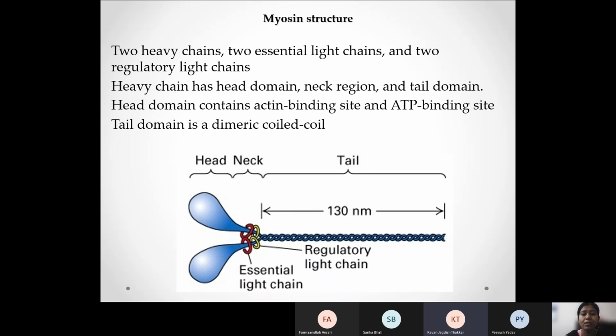As the name suggests, the essential light chain is very much required to maintain the conformation of the head with respect to the tail. So it's essential for this structure to come together. Whereas the regulatory light chain has something to do with the regulation of the activity of myosin, right?